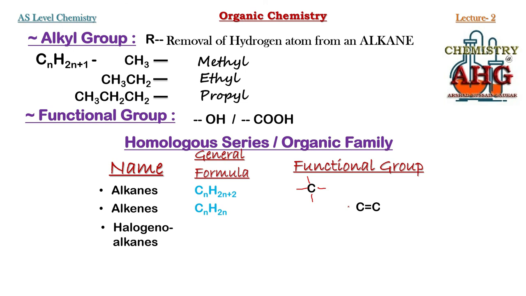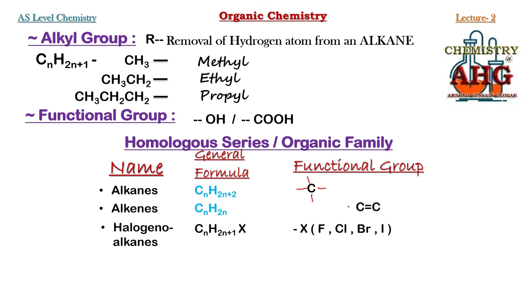For halogenoalkane, the general formula will be CnH2n+1 with a halogen atom bonded. This could be any halogen: fluorine, chlorine, bromine, iodine. Whenever a halogen is bonded to an alkyl group, that organic family becomes halogenoalkane, also known as haloalkanes.